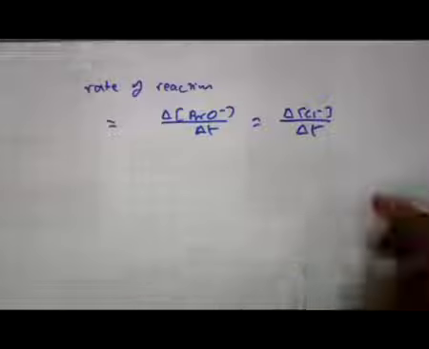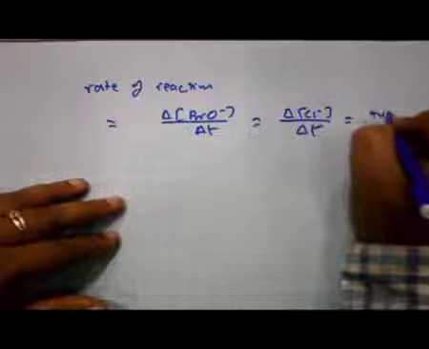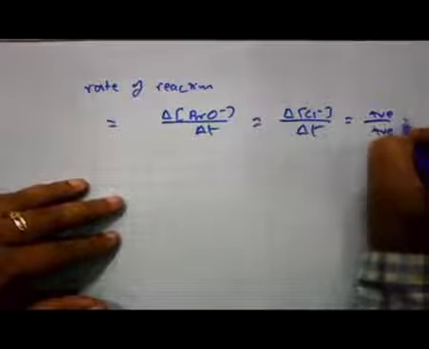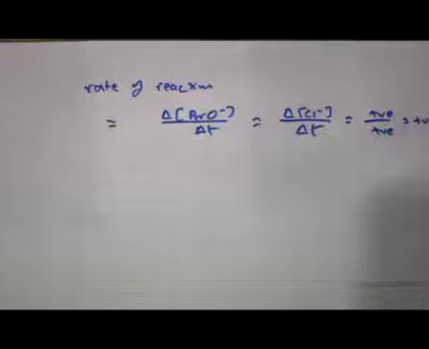So, this is positive over positive, which gives you a positive quantity. So, in terms of products, it is always a positive quantity.